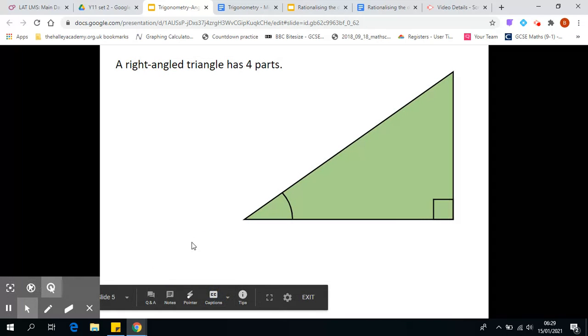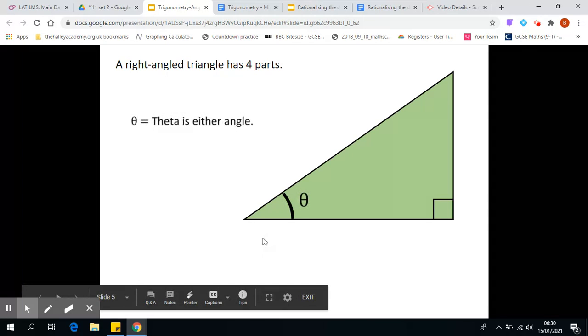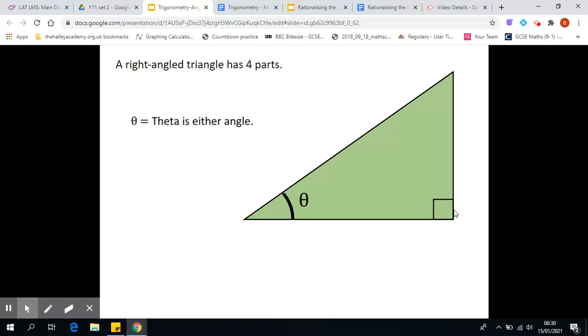Just a quick recap on naming the right angle triangle. Theta is either angle, one of those two in the right angle triangle. And since it is a right angle triangle, one angle has to be 90 degrees.